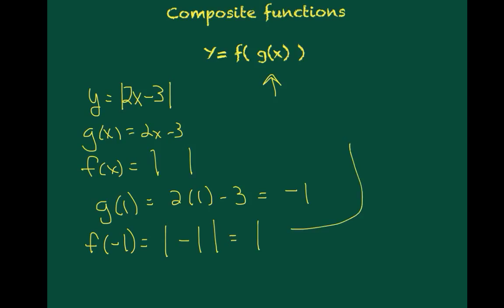So bringing it all together, f of g of 1 equals 1. It's important that you recognize that we had a function, which was 2x minus 3, inside another function, which was the absolute value. This is going to be a big step and an important concept for you in a couple of weeks when we start talking about differentiation. Okay, let's move on then.